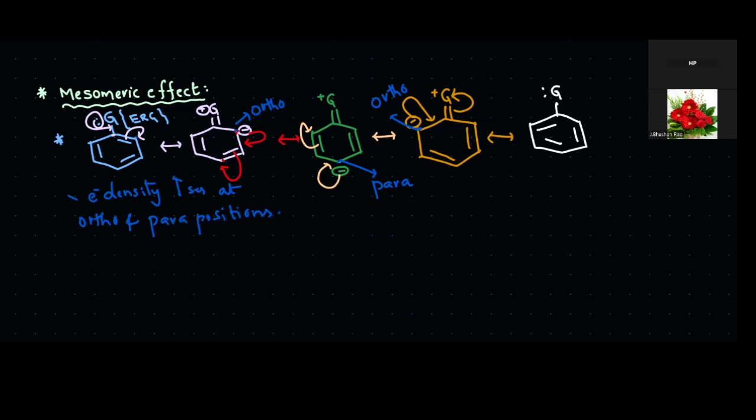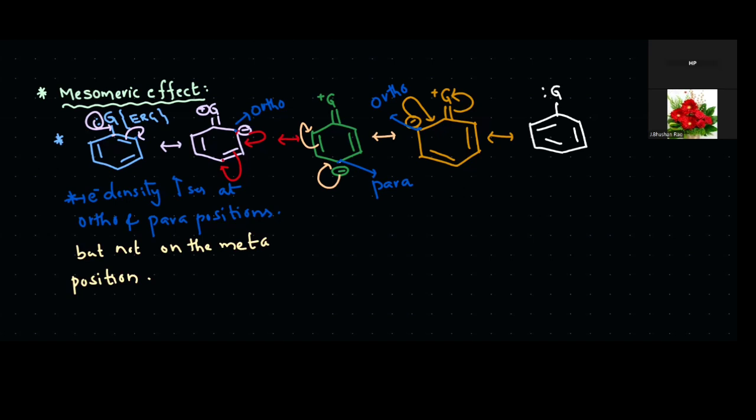Just by identifying these ortho and para positions, the negative charge is increased there. The electron density increases more on the ortho and para positions, but not on the meta position. The meta position is not influenced by any group present on the benzene, whether it is an electron releasing group or an electron withdrawing group. Then finally, what is the conclusion?